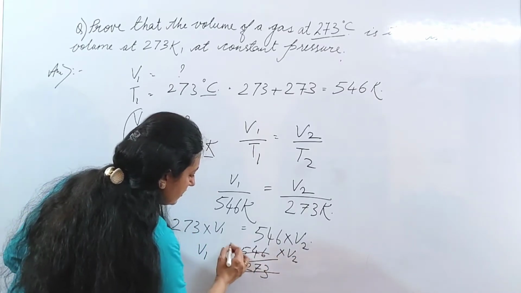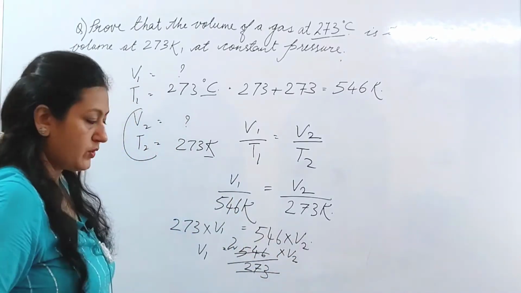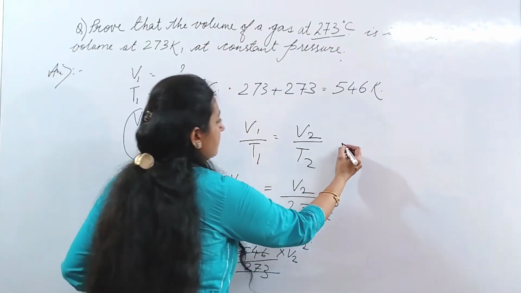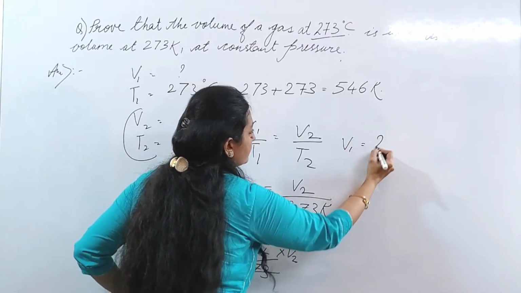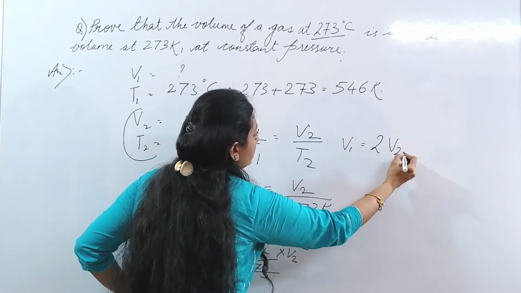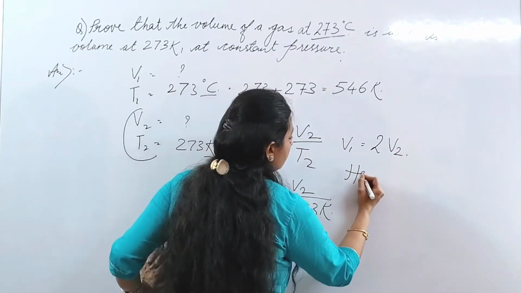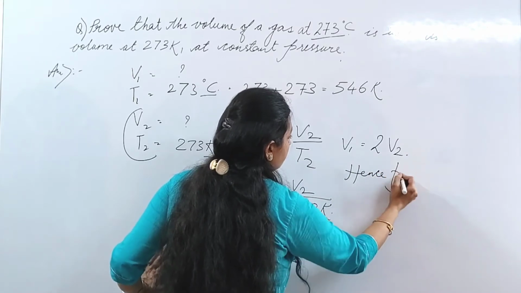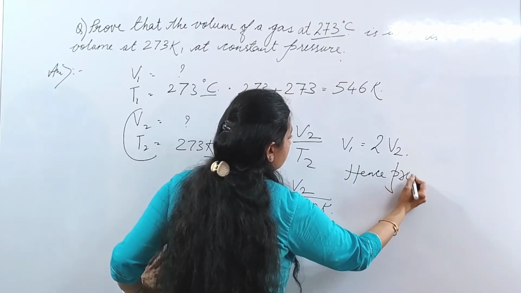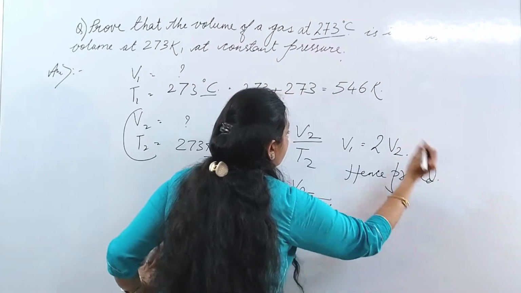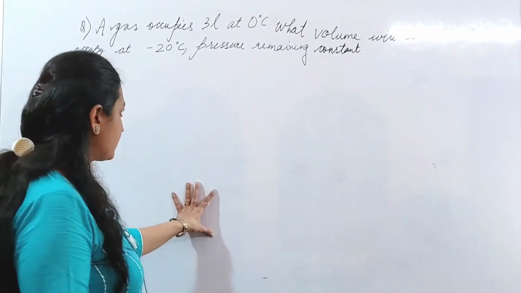This is 2. Okay. So what you got? V1 is equal to 2 times V2. So hence proved. Okay. Now let's see the next question.